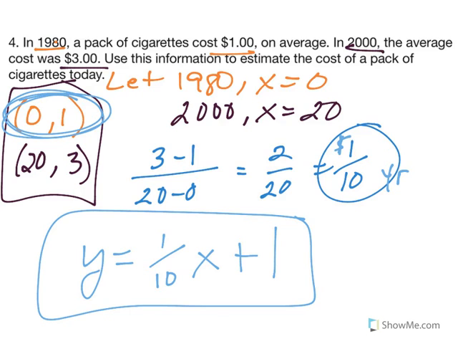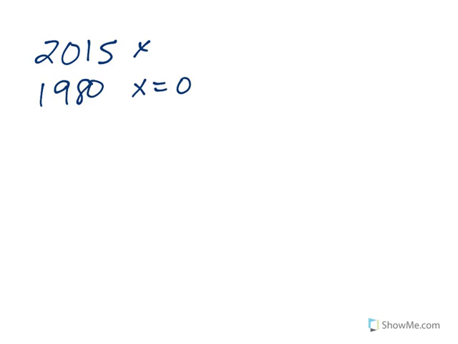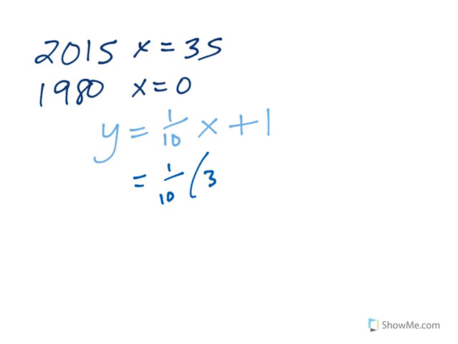So it does say, estimate the cost of a pack of cigarettes today. Okay, so today is 2015. So if 1980 was x equals 0, then 2015 has an x value of 35. So I can use my equation, y equals 1/10 x plus 1, and I'm going to plug in 35 for x. So 1/10 times 35 plus 1.